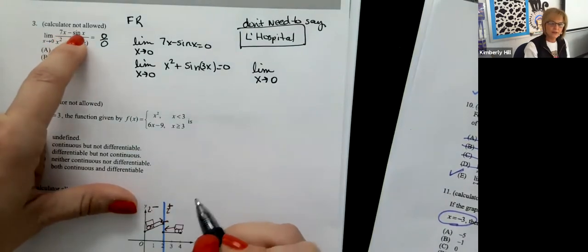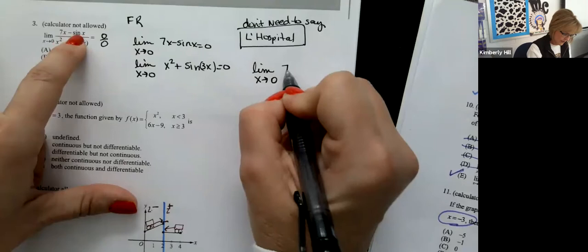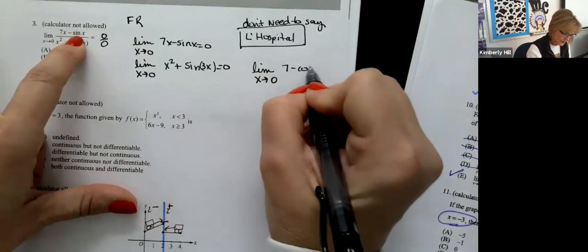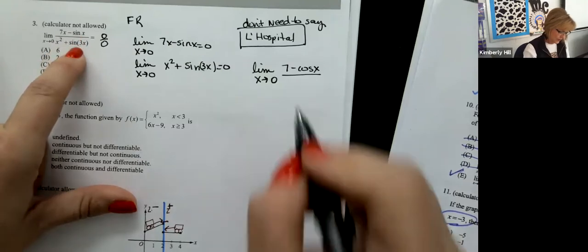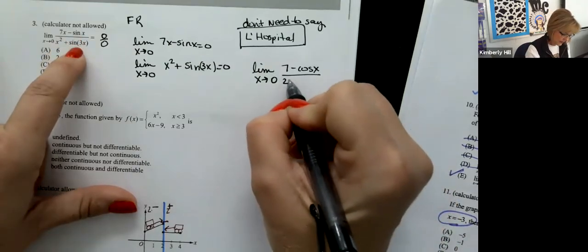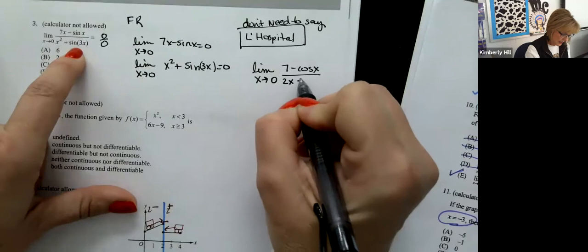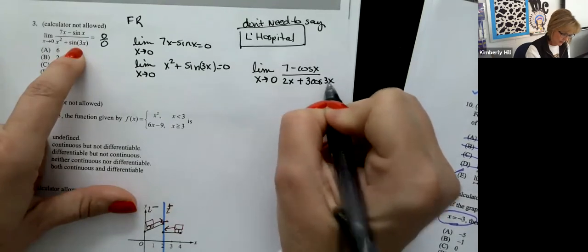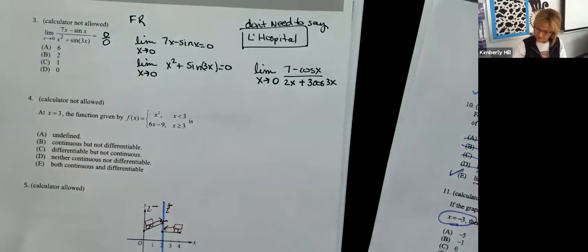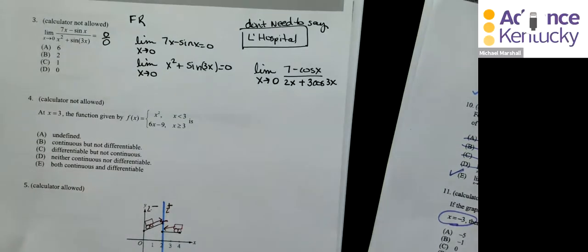The derivative of the top would be 7 minus cosine x over the derivative of the denominator, 2x plus 3 cosine 3x. Another big mistake students make is they leave the limit as x approaches 0 off. They just write the derivatives, and you will not get the point.